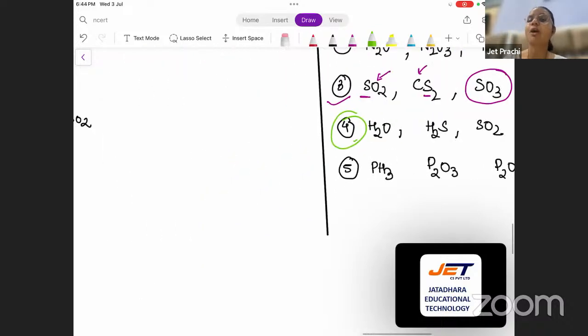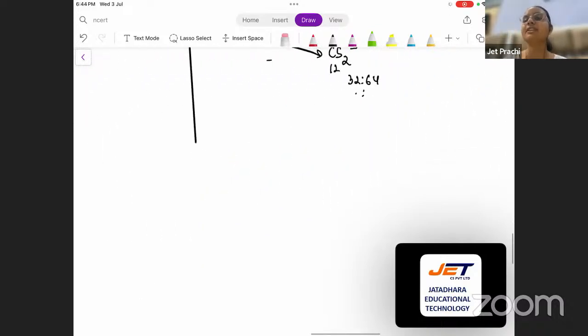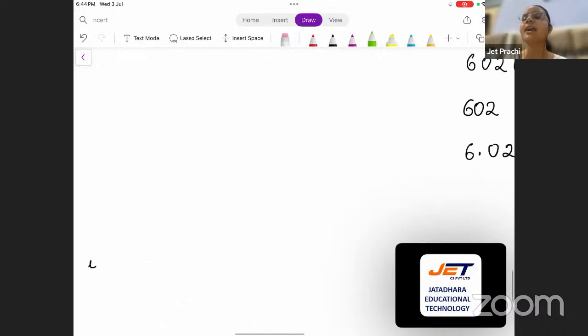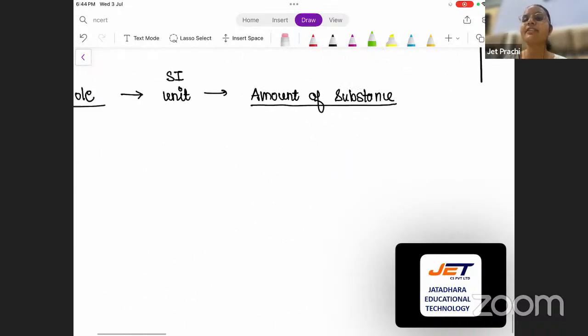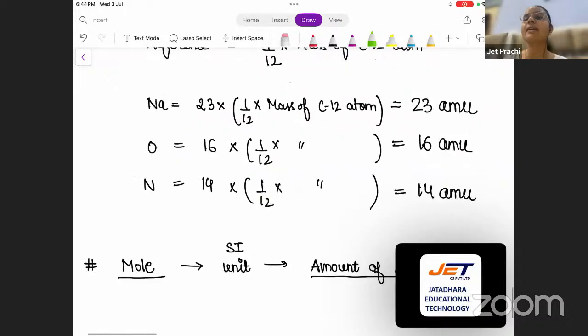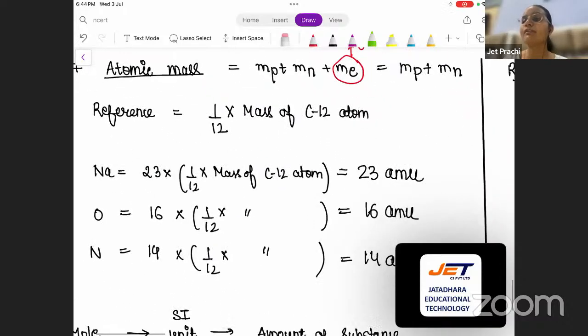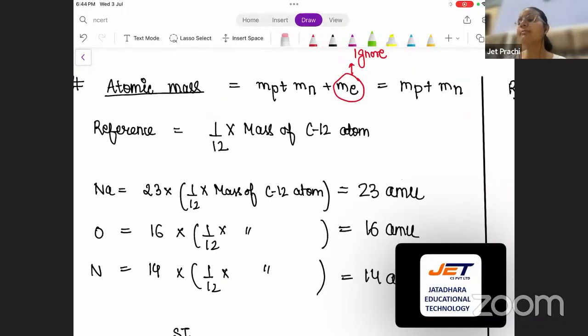Now after this topic, what we have learned is we started with the atomic mass. In that, what we saw is that the atomic mass will be because of the mass of the protons, neutrons, and electrons. I know that the mass of the electron is very less as compared to the mass of proton and neutrons.